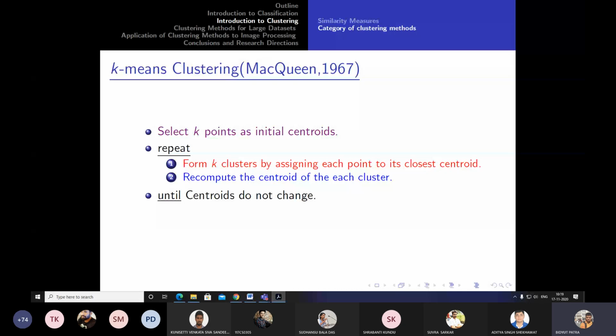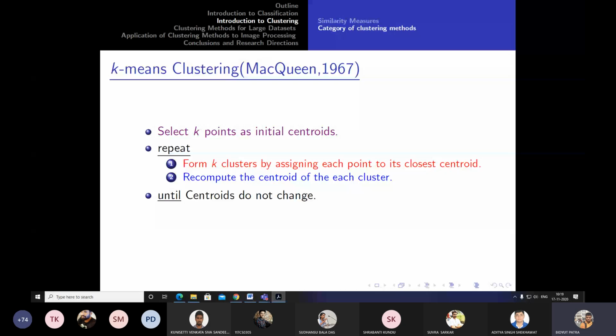Once you form the clusters, you recompute the centroid, because new points have come into each cluster. Earlier you selected K clusters, meaning each cluster had only a single point. Now you assign points to the closest cluster, so you will have many points in a single cluster, and then you compute the centroid again.